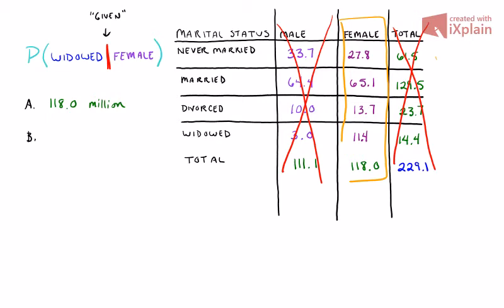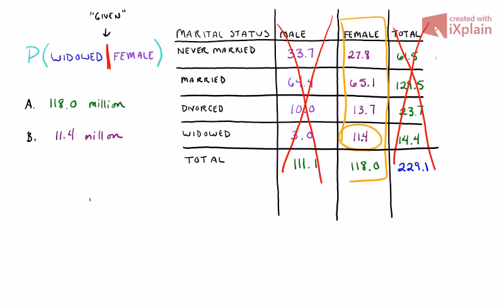I'm being told just focus on the female info. So for part B, within those females, I want to know how many of them are widowed. In this case, I know that 11.4 million of them are widowed. And I just realized that my black line between my widowed and total vanished.